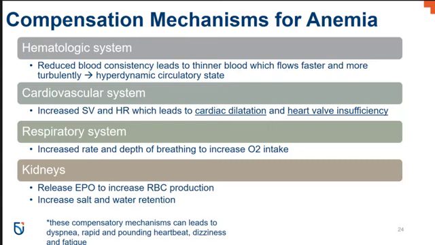With the respiratory system, in order to increase the amount of oxygen available to the body, there'll be an increase in the rate and depth of breathing. The kidneys, we know, play a role in the release of erythropoietin to increase red blood cell production, but when the kidneys identify that blood volume overall has gone down because we've lost some of these formed elements, they will be stimulated to allow us to reabsorb sodium and water in order to bring up our blood volume and therefore our blood pressure.